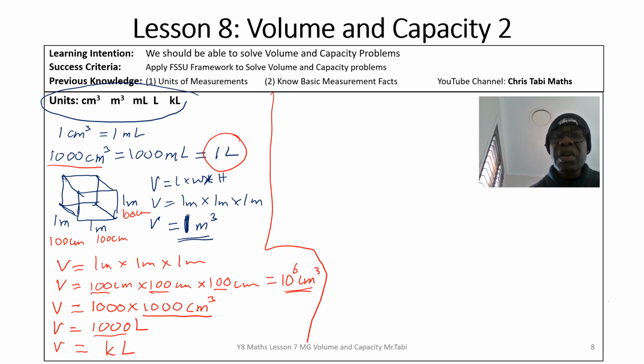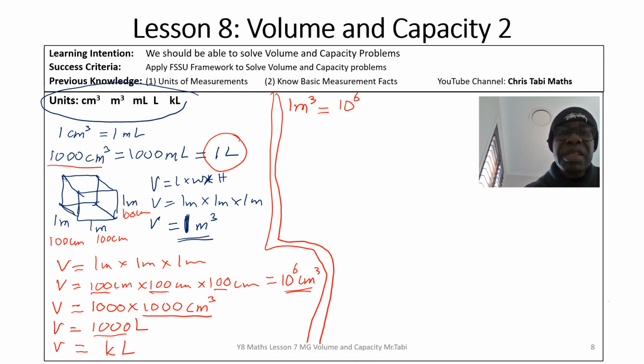So basically what I've just done is telling you one cubic meter is equal to 10 to the power of 6 cubic centimeters.